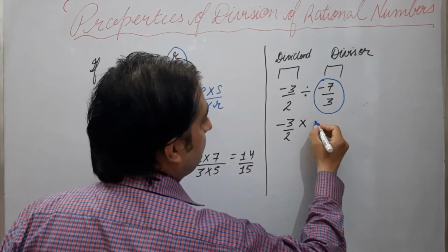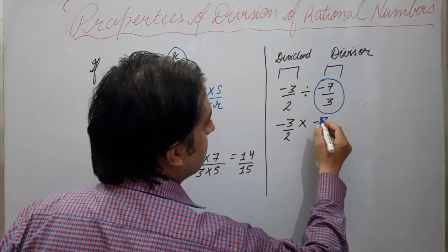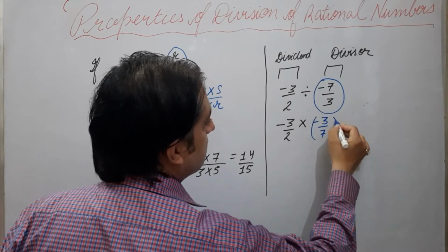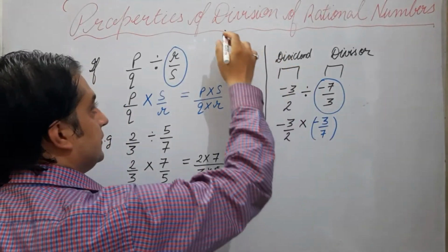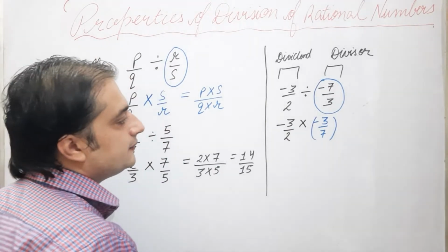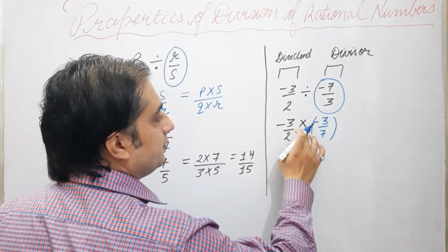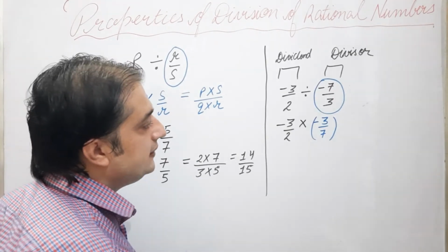It will become minus 3 upon 7. So instead of doing the division directly, you multiply the dividend with the multiplicative inverse of the divisor.